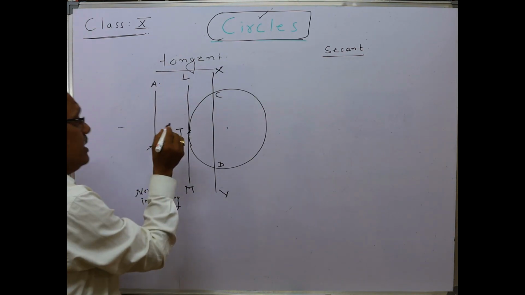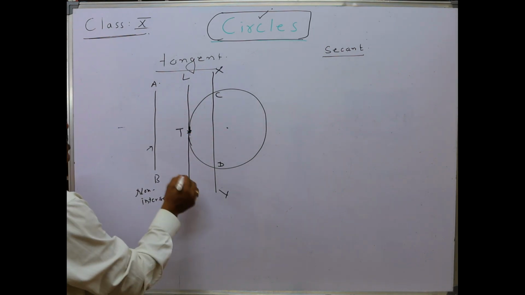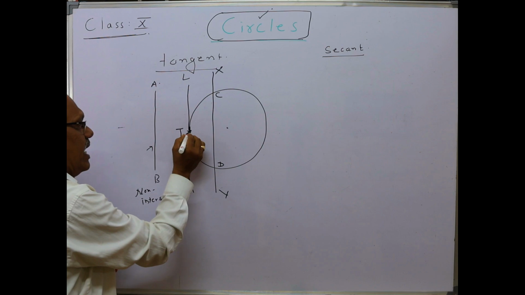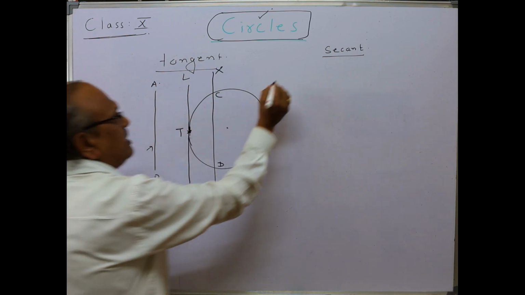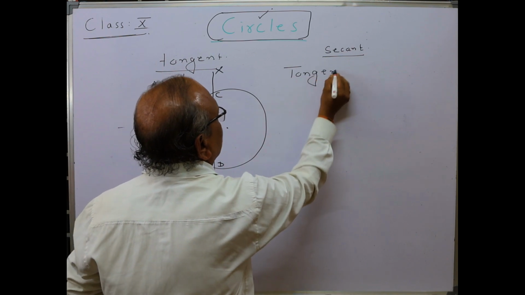LM is touching or meeting the circle at a particular point. Such a line which meets the circle at one and only one point is called a tangent of the circle. What is tangent of the circle?